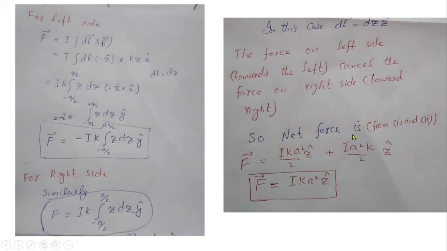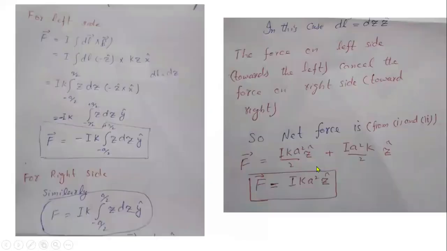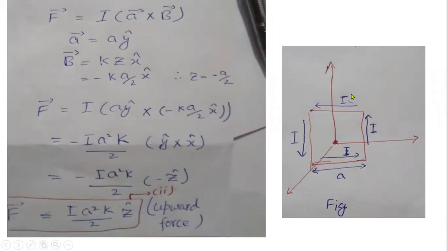So net force is only due to the upper side and the lower side, and we have calculated these two forces already. In equation 1, we have calculated the force acting on the upper side, and we have calculated the force acting on this lower side.